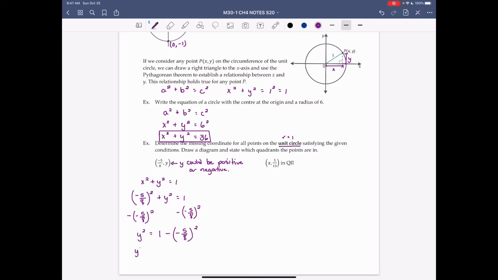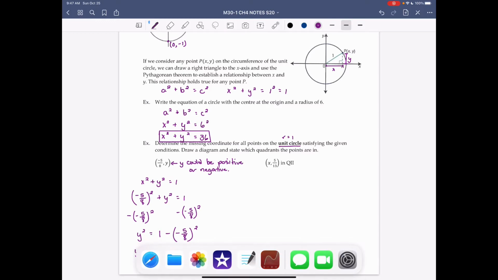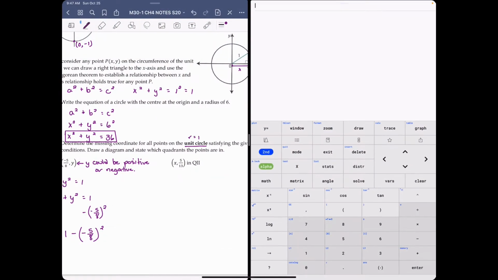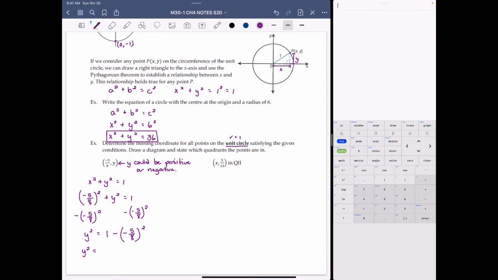Let's calculate y squared. 1 minus negative 5 divided by 8, squared gives us a decimal. Math, enter, enter, gives us 39 over 64. Then we want y, not y squared, so we take the square root of both sides.